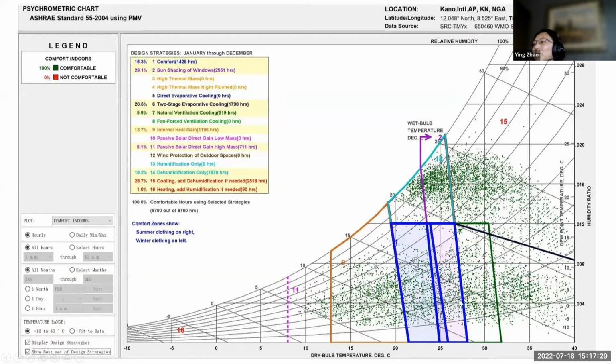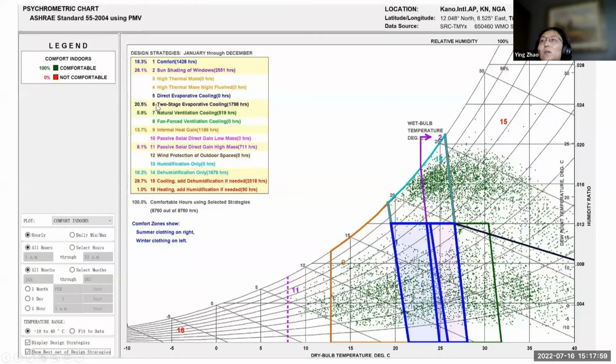The temperature is high, but it has more hours in the heating condition, even below 20. It's not much heating, but the temperature is definitely much lower. So the suggestions are definitely fewer hours needing mechanical cooling.